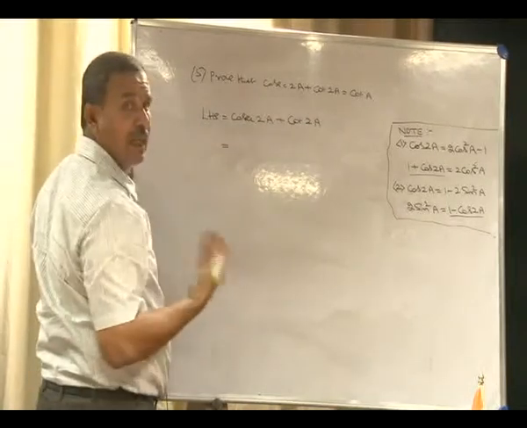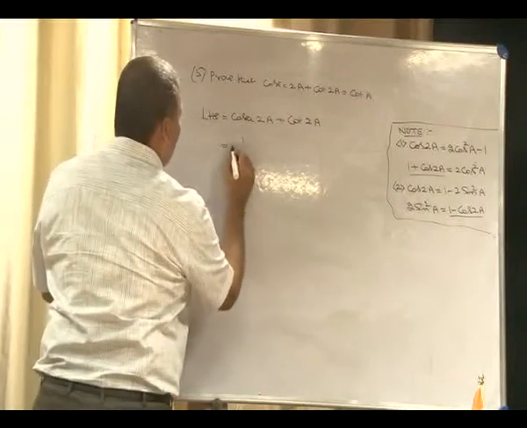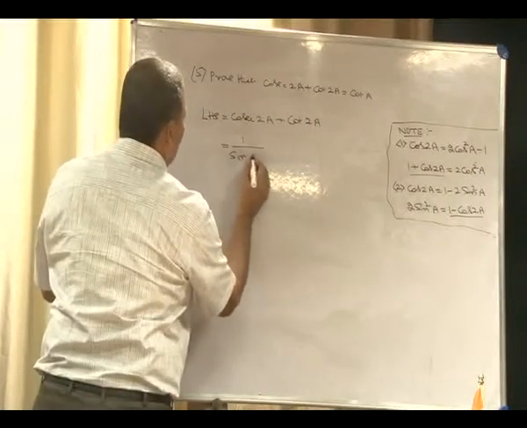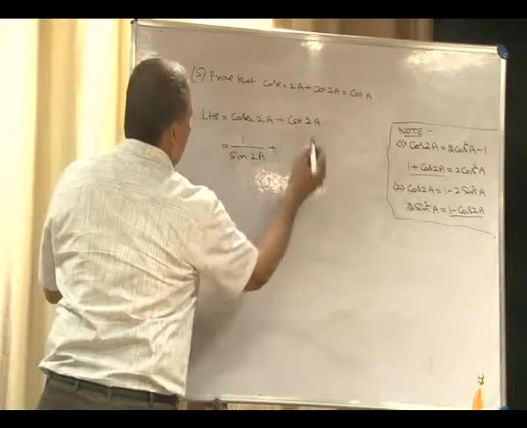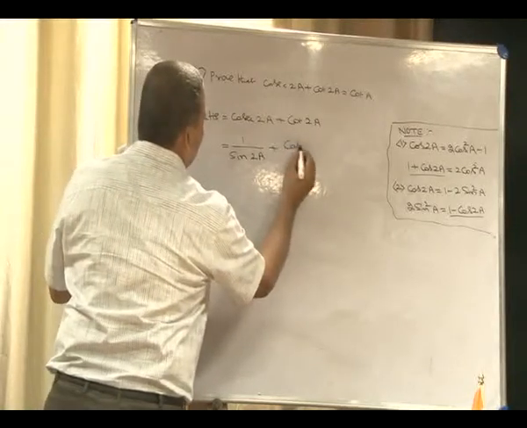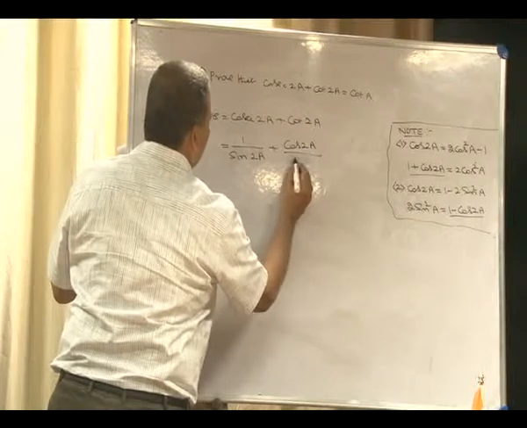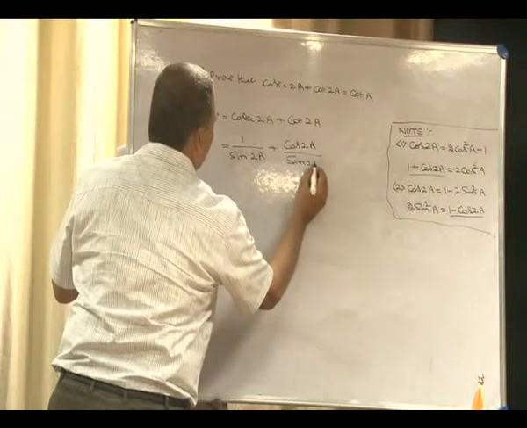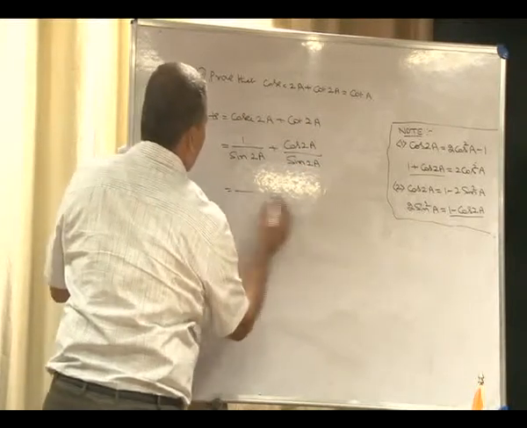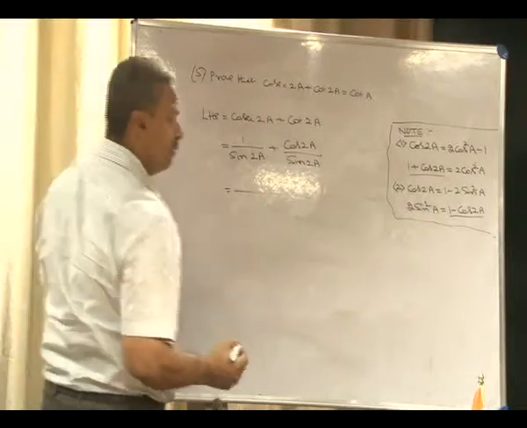Cosecant is 1 over sin. Cosecant 2A is 1 by sin 2A. Cot 2A is cos 2A by sin 2A. Cot is cos by sin, cosecant is 1 by sin.